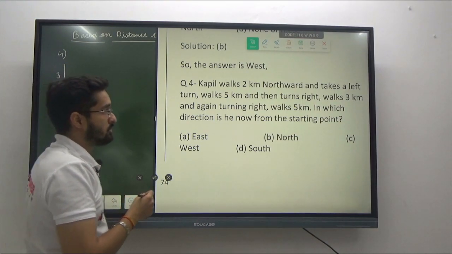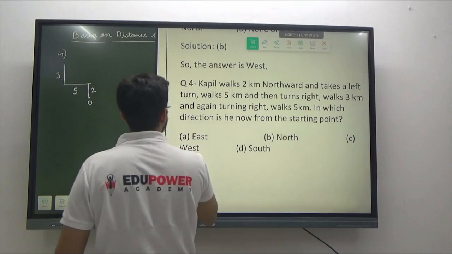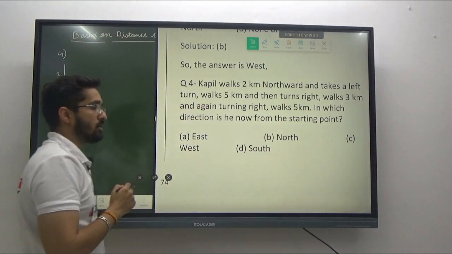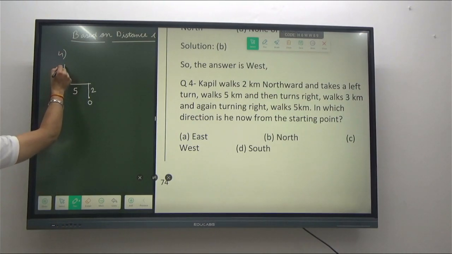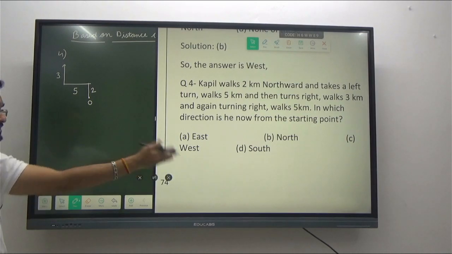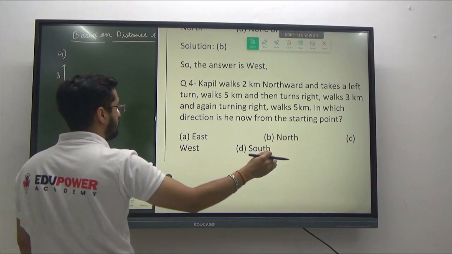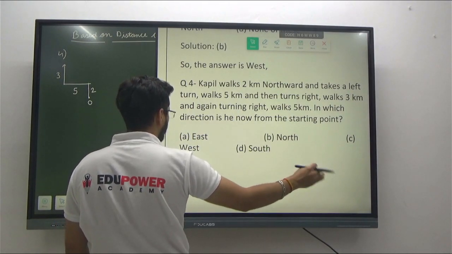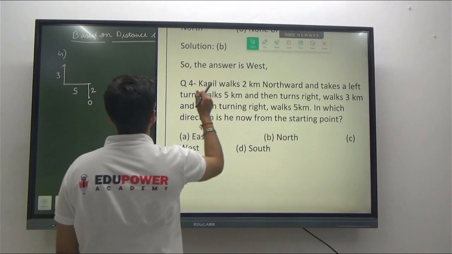He turns right, walks 3 km and again turning right, walks 5 km. Now, he is going in the north direction. Now, he turns again right. So, which direction will he go? If he is going north and turns to his right, he will go in the east direction.